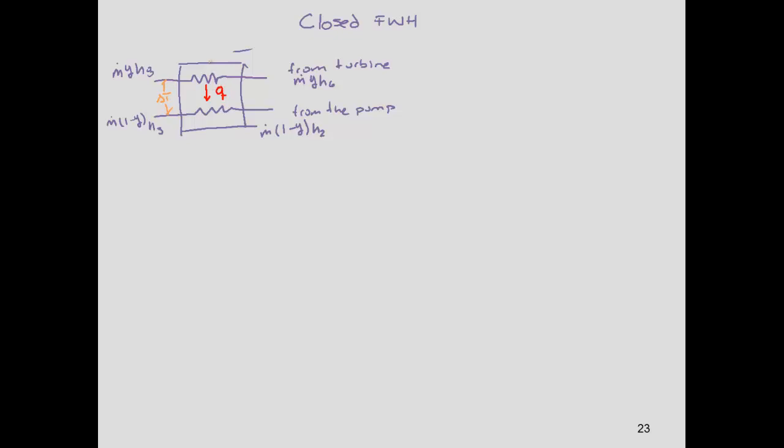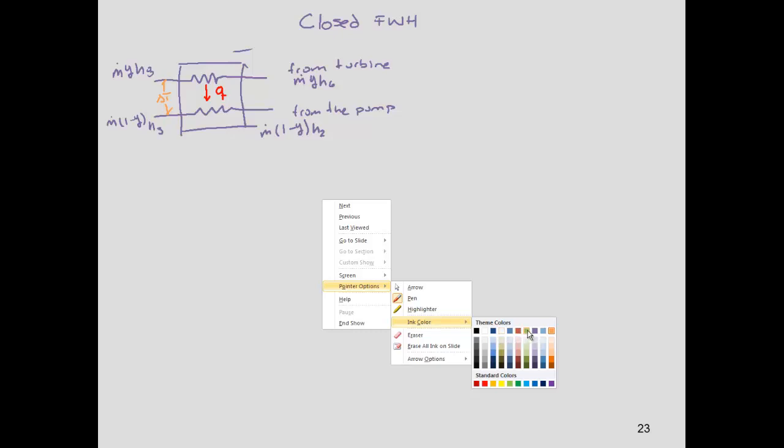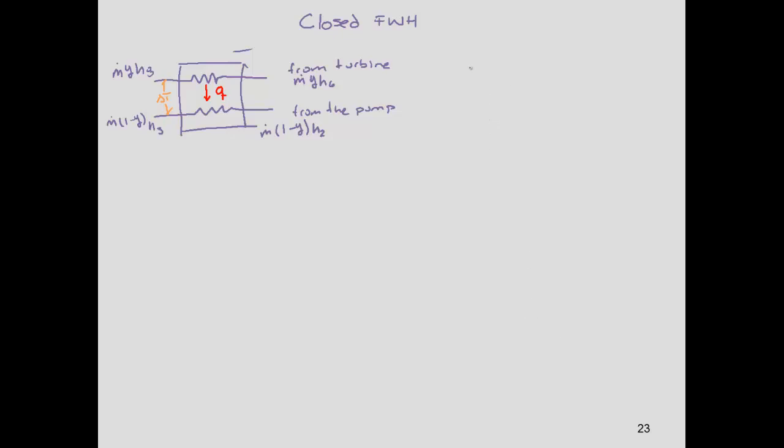So there are two ways to deal with this situation, and the first one is that we know delta T. We call this the approach. And delta T could be, let's say, 5 degrees. So we will know that this delta T should be maintained at the end, right?